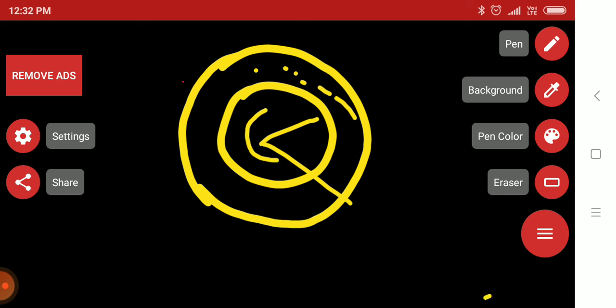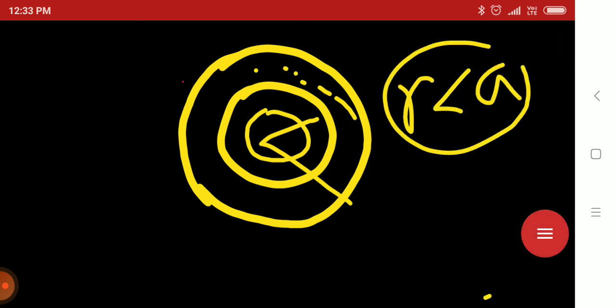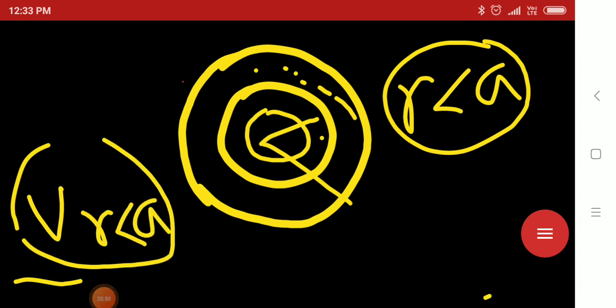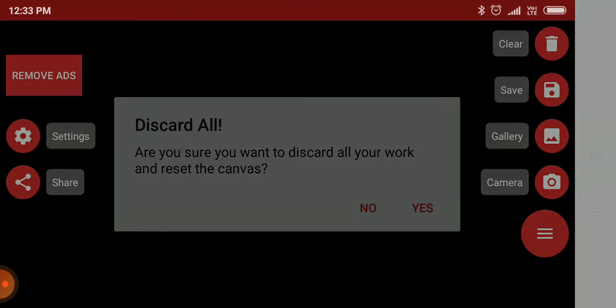On this inner side the radius is A, that means r less than A. At a point r less than A, that means inner side of radius A, what is the potential? Potential at r less than A. The outer one is the B radius and the inner one is the A radius. Let me draw clearly so you can understand easily.